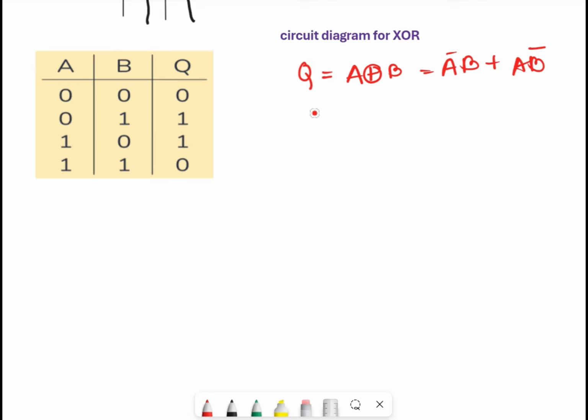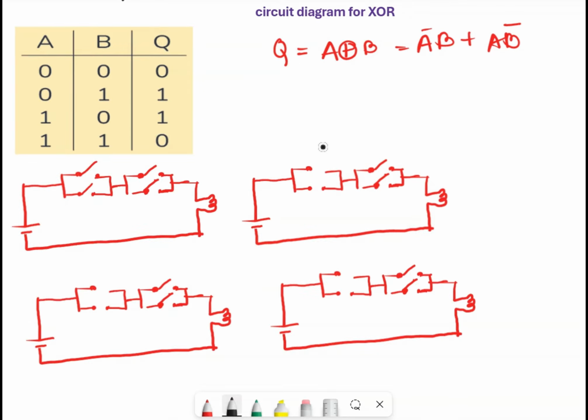For precise understanding, let's draw 4 circuit diagrams to understand the output of the XOR gate. I already have drawn 4 images, actually the same circuit diagram.